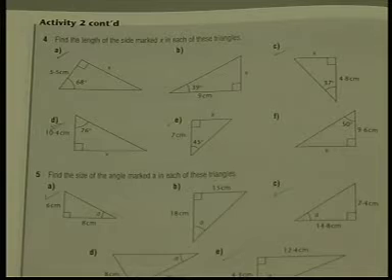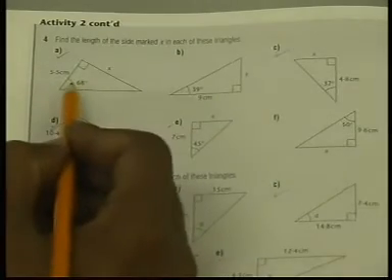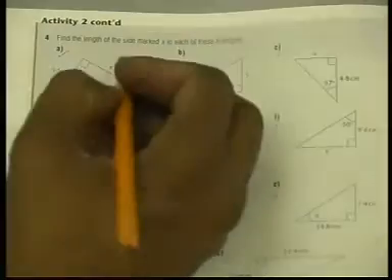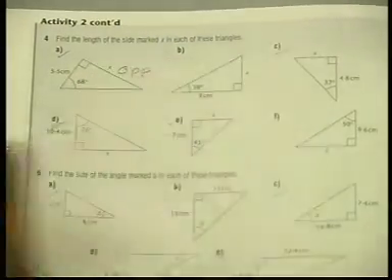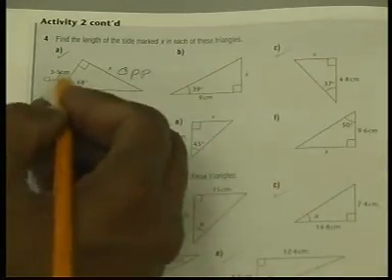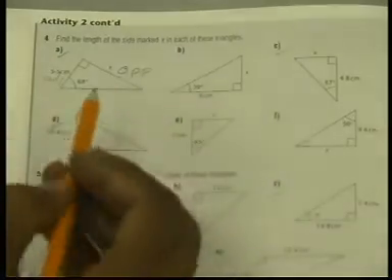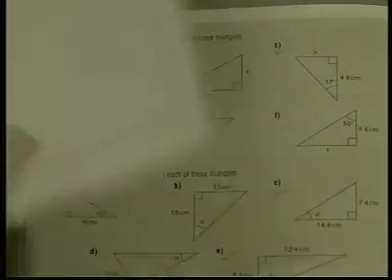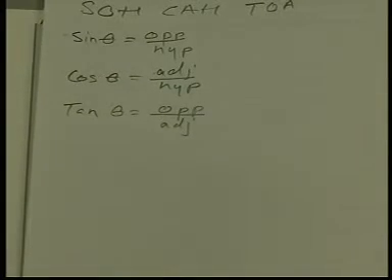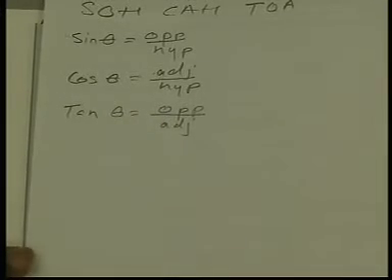In question A, they want us to find x. That's the angle we've been given. So the side that we're going to work out is the opposite, and the side that they've given us is the adjacent, because that's the hypotenuse. So which one of these three rules uses opposite and adjacent? Obviously the tan rule.